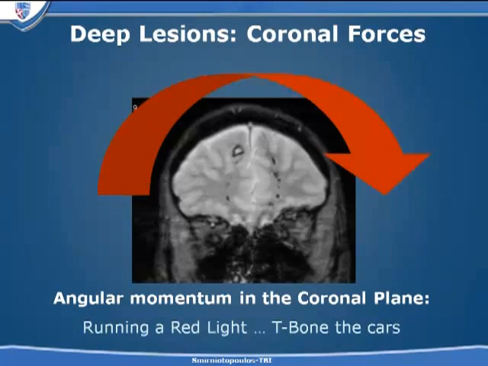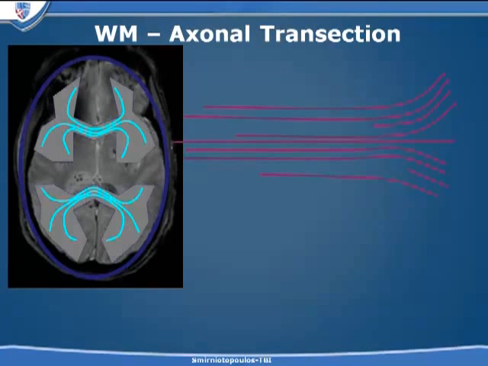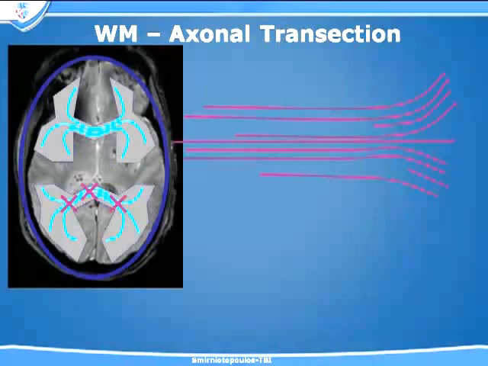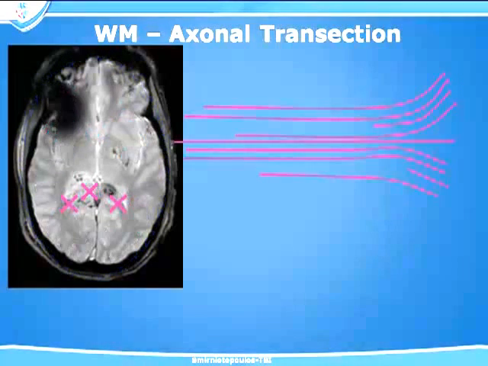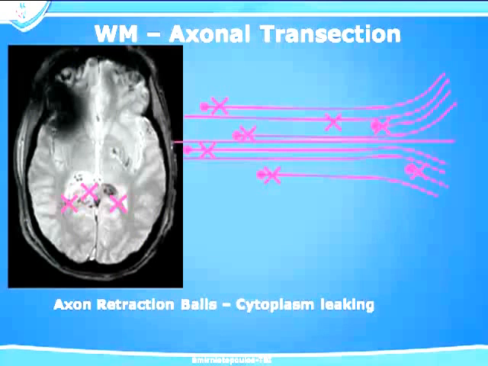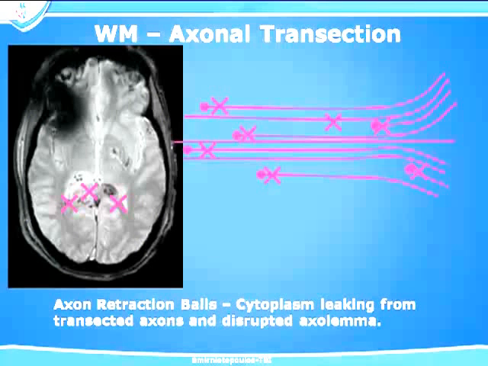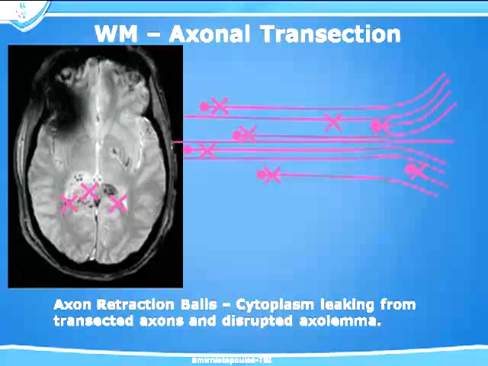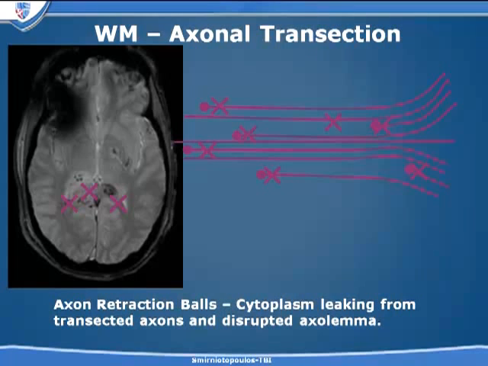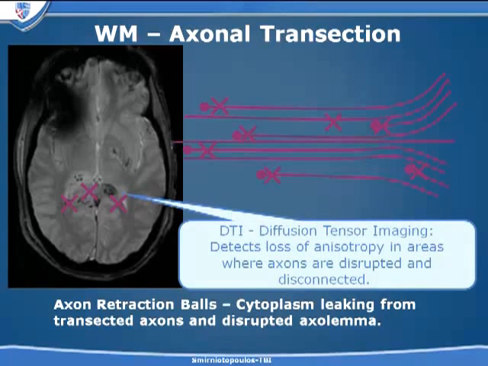If we consider what's actually happening physically in these patients, we are getting mechanical forces that somehow end up producing a disruption of the axons, and then we will end up seeing in these patients the puddling of the cytoplasm distal to the torn or truncated end of the axon, the retraction ball.